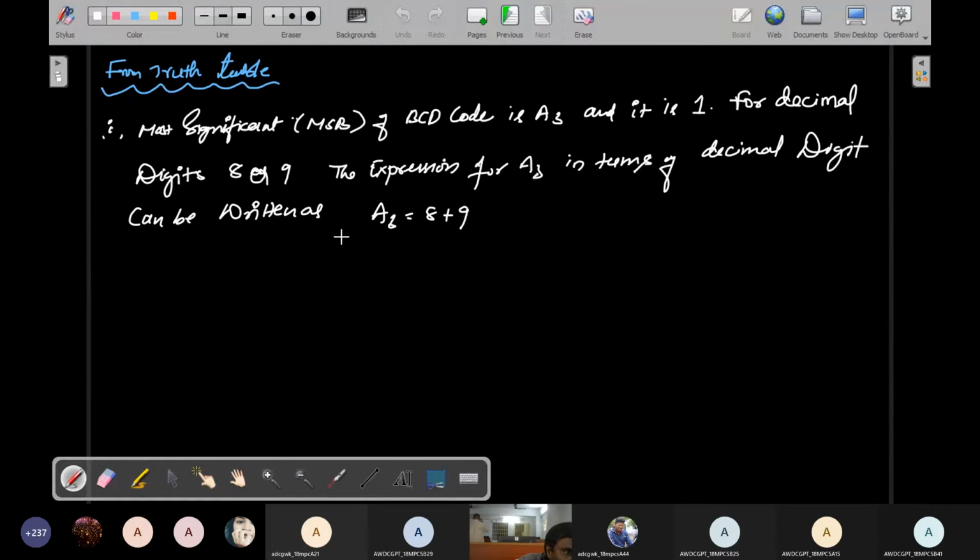First, A3: the most significant bit of BCD code is A3, and it is 1 for decimal digits 8 or 9. So the expression for A3 in terms of decimal digits can be written as A3 is nothing but 8 plus 9.